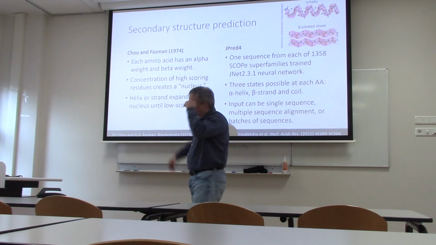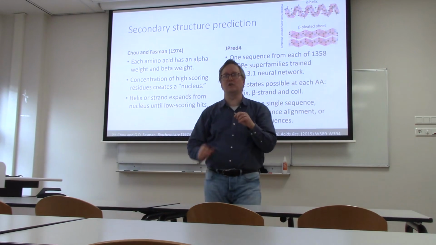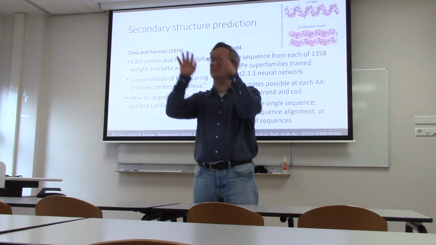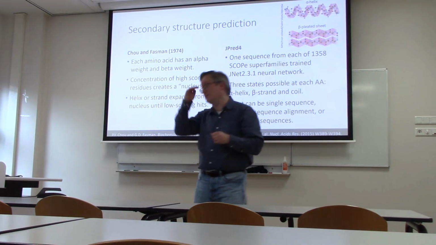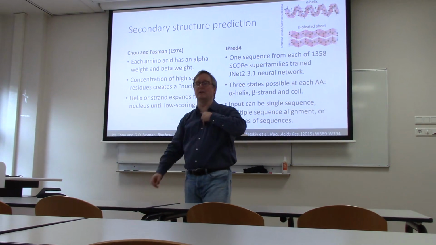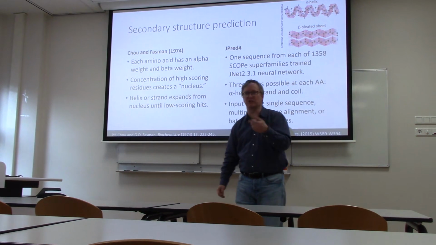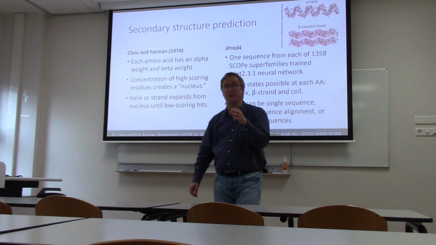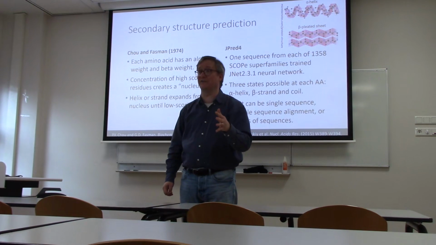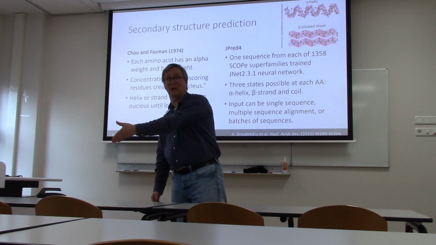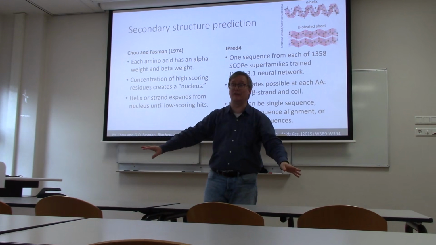So for that, they decided they would create a helix weight for each amino acid and a sheet, a strand weight for each amino acid. Some amino acids are simply more likely to be found in alpha helices, others are found more likely in sheets, some are not likely to be found in others.